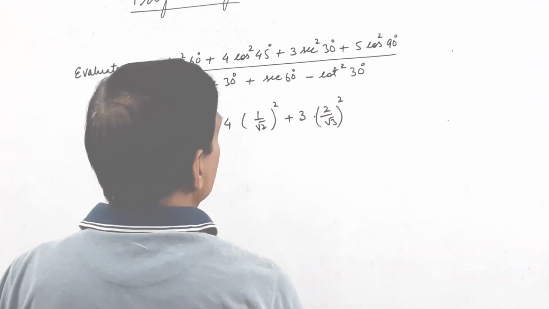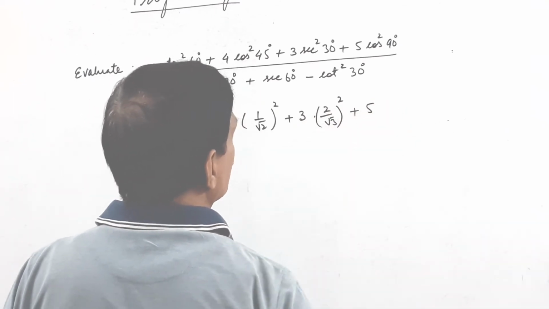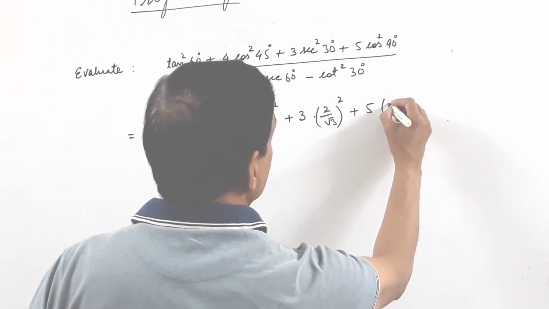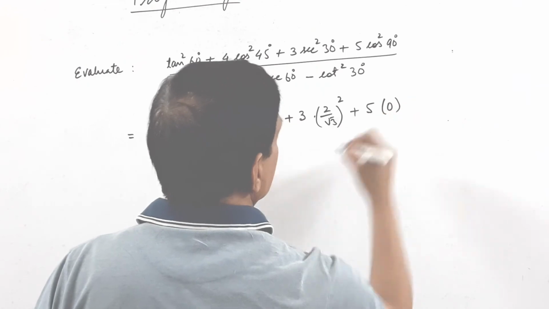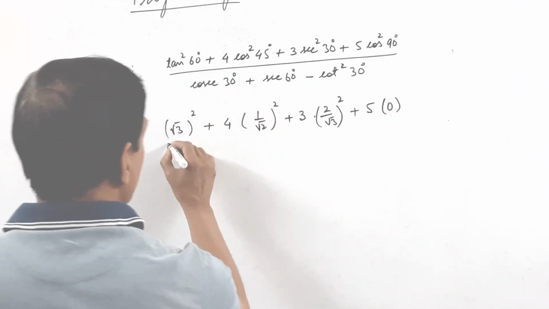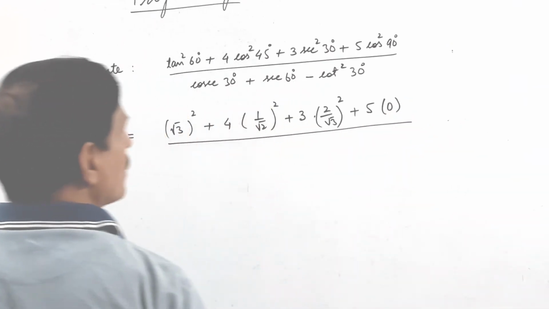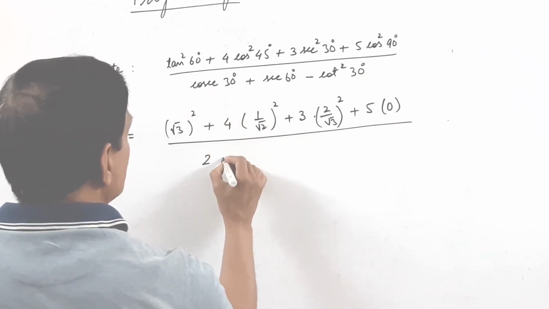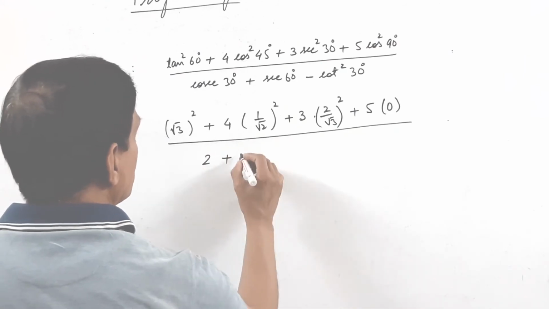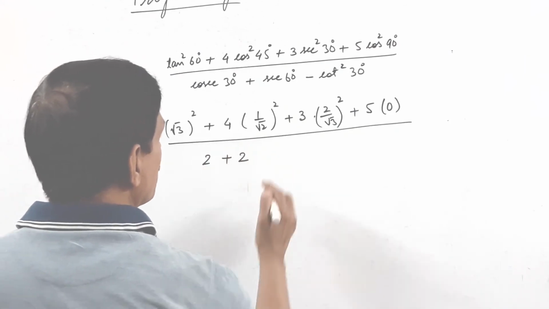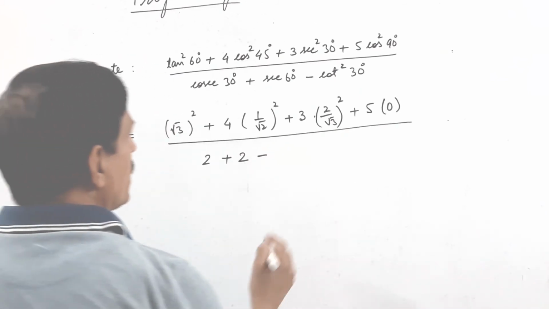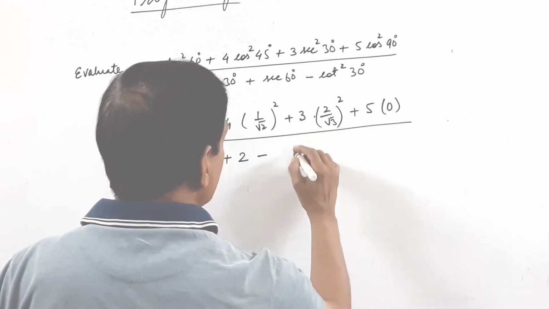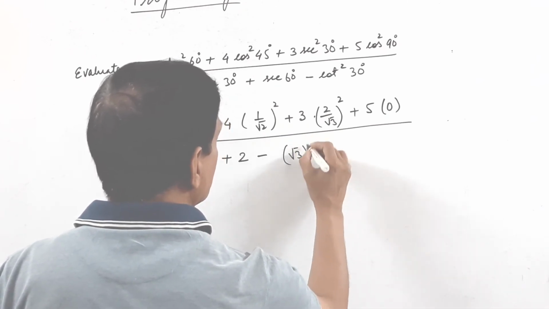root 3 square, plus 5 cos 90, that is equal to, cosec 30, it is 2, plus sec 60, it is 2 again, minus cot 30, 1 upon, cot 30, this is root 3 square.